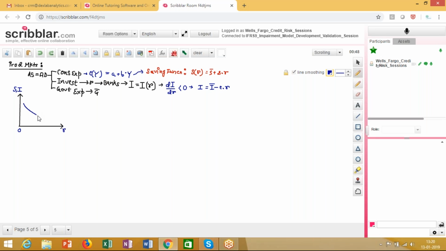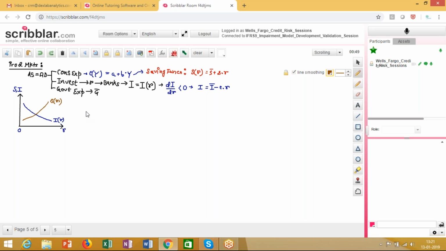Similarly, you will have the savings graph, that is S(R). As the rate of interest increases, households will be more motivated to save their money and put out a greater amount on savings.